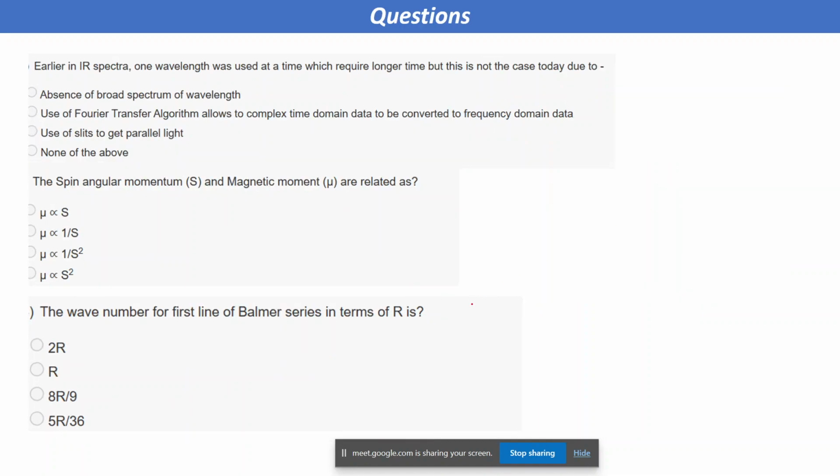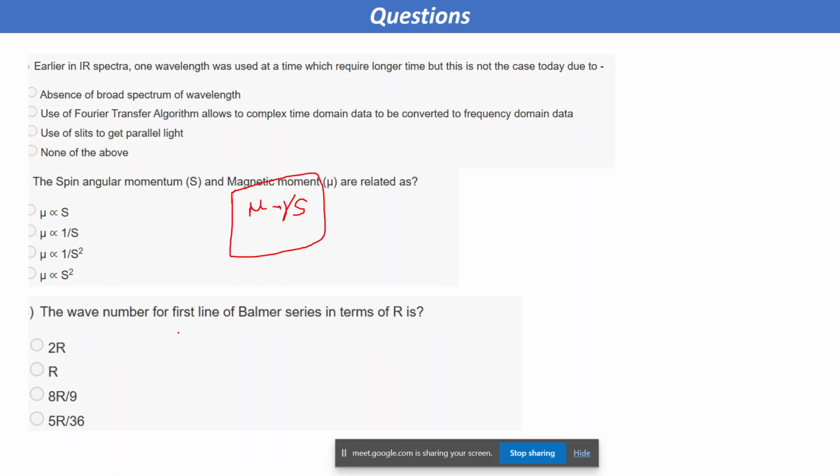Then nowadays we are using FTIR, and it is so rapid as it converts the complex time domain data to frequency domain data. Then we discussed how spin angular momentum is related to magnetic moment. The magnetic moment equals the multiplication of the gyromagnetic ratio and the spin angular momentum.